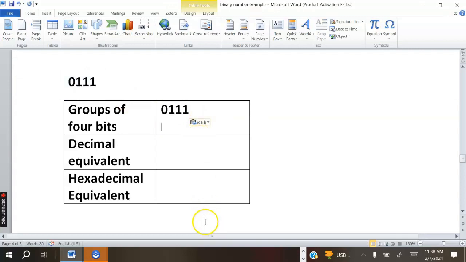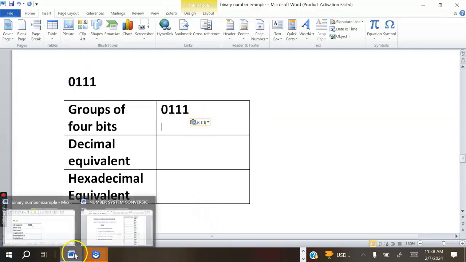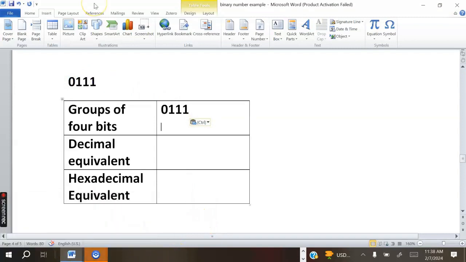After you have done that, go to your table and check the value for 0111.